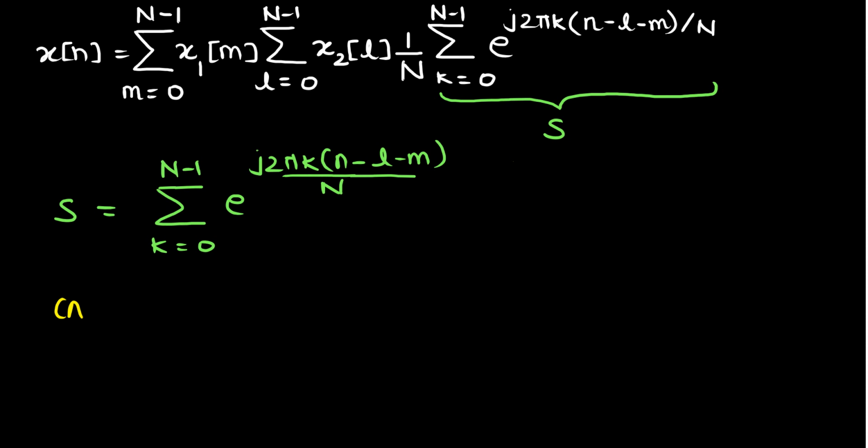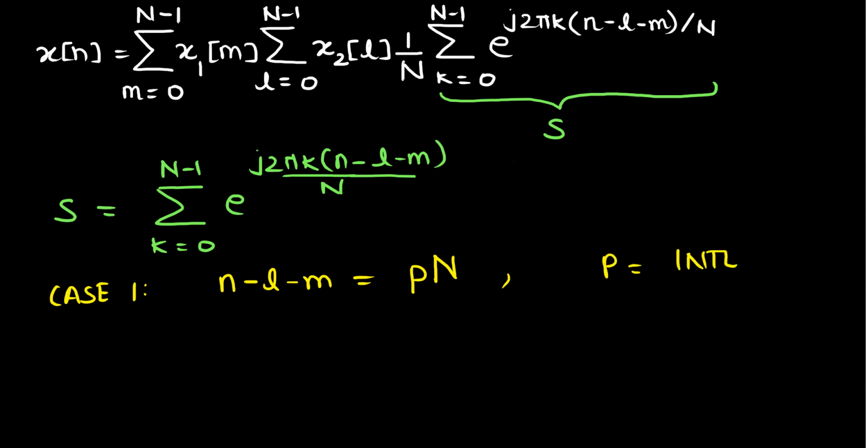So the case 1 is when this n minus l minus m is an integer multiple of capital N. So let's say it is an integer multiple of capital N, so this p is some integer.